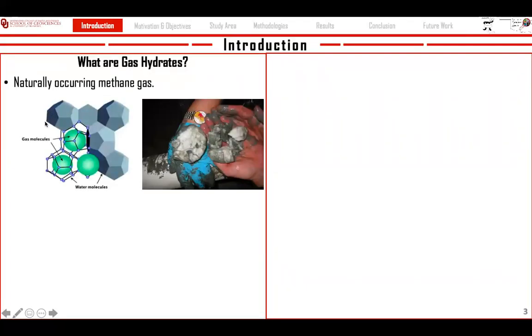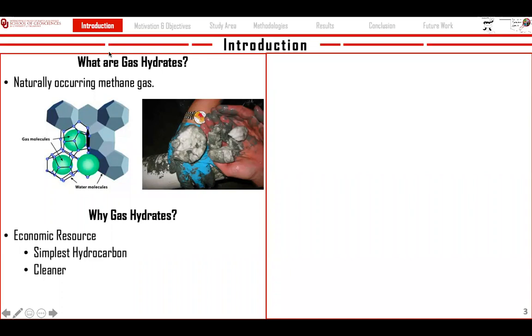So what are gas hydrates? Gas hydrates are naturally occurring methane gas trapped within a crystalline lattice of hydrogen bonded water molecules. Why do we care about gas hydrates? Well, methane serves as a potential energy resource, and since it is the simplest hydrocarbon compound, it is also a cleaner natural resource.